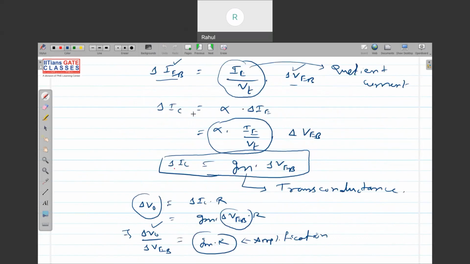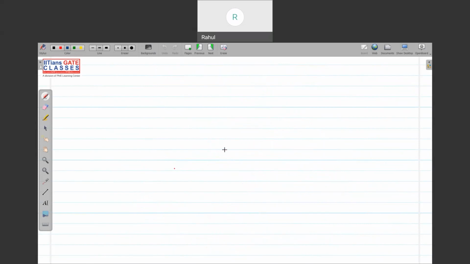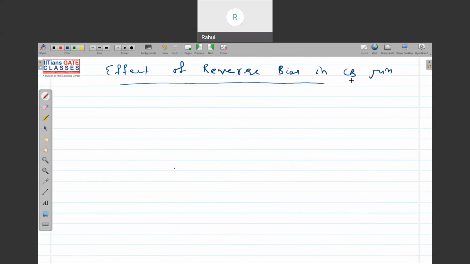So now we will see the effect of reverse bias in the base to collector junction. There are two main effects.